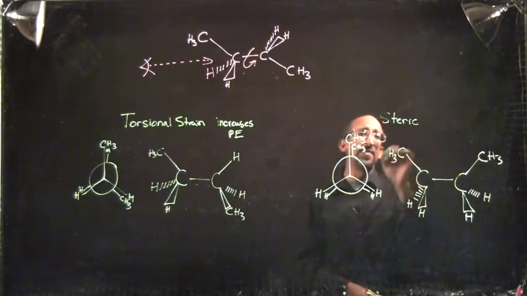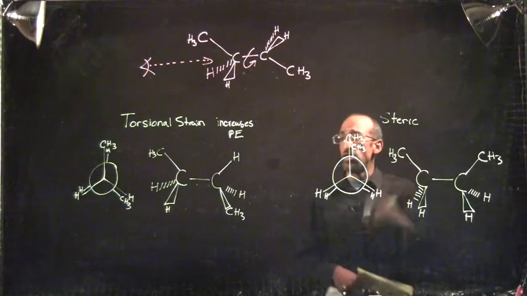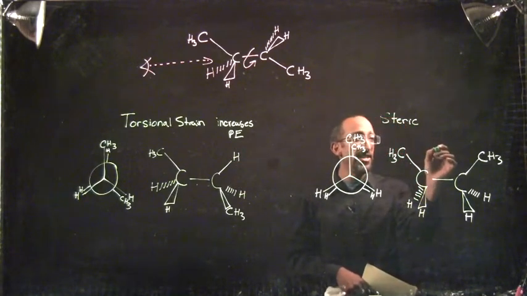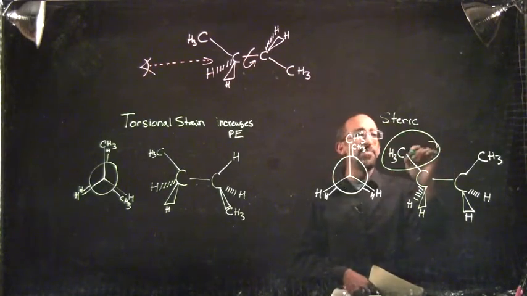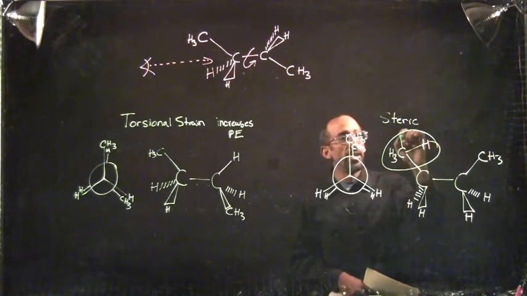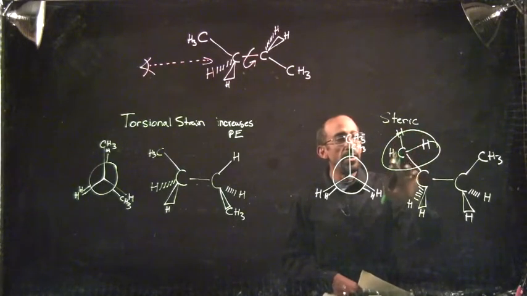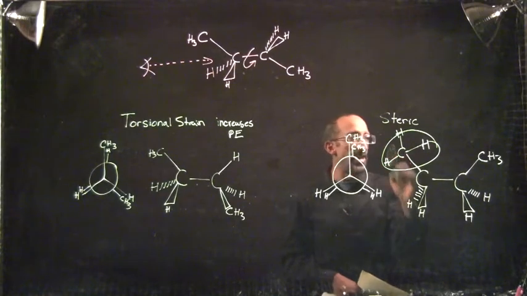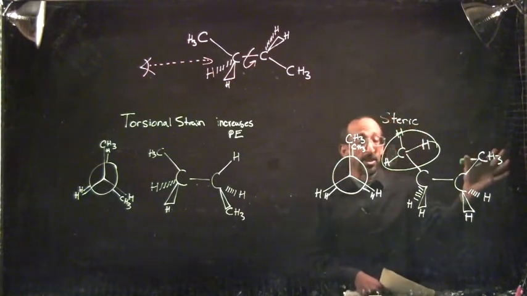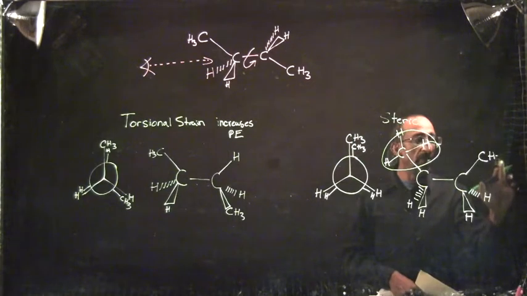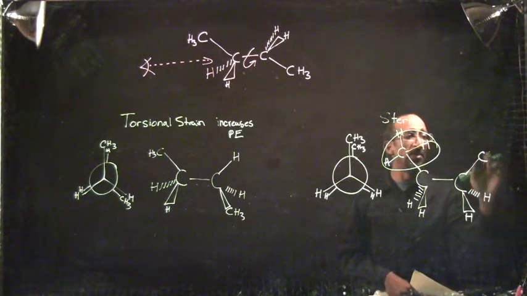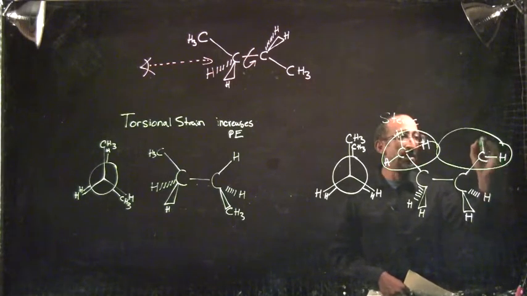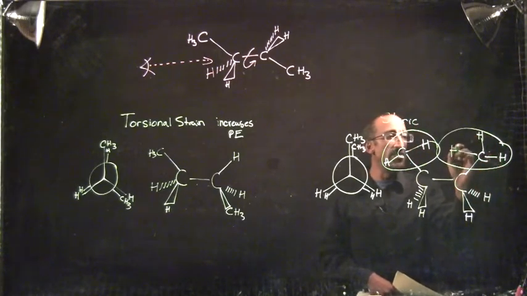The size of this methyl group is quite large in comparison to the size of a hydrogen atom. In fact, it takes up a pretty big region of space, which is best demonstrated by drawing out those carbon-hydrogen bonds. And similarly, this methyl group is also going to take up a pretty big region of space if I draw out all three of my hydrogens.